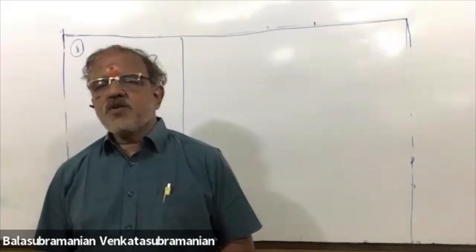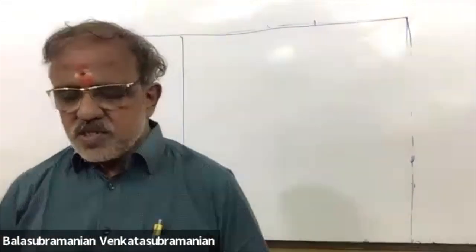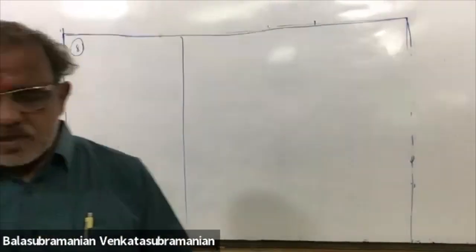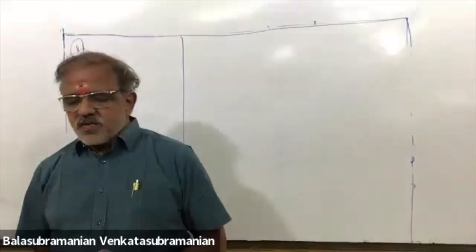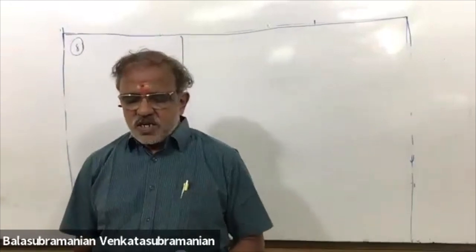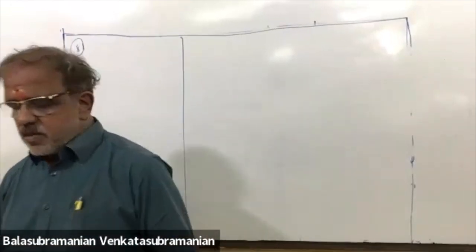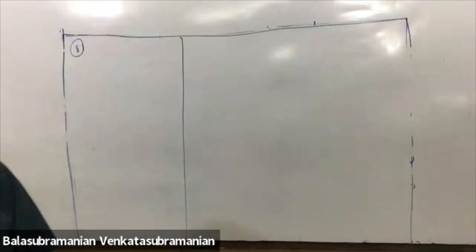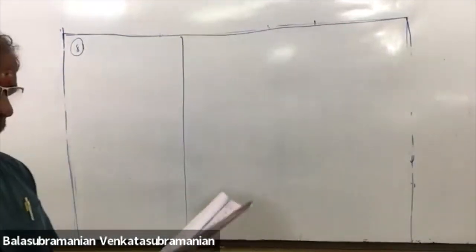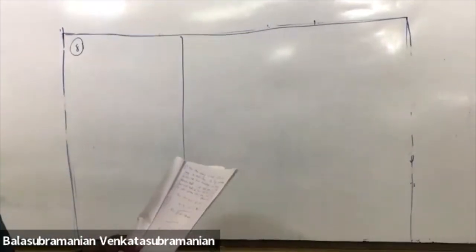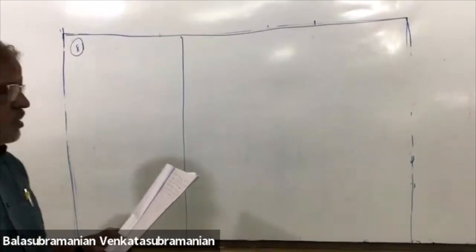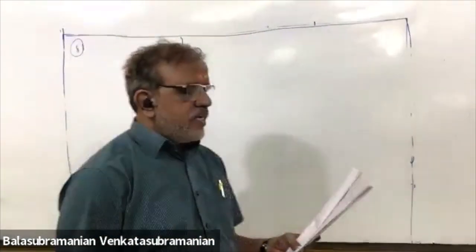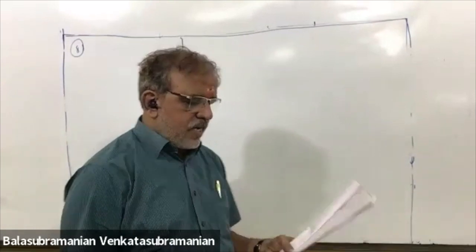What is the effective pull? Beautiful question. Two forces they have given, 30 and 60. The effective pull is at right angles, so theta is 90.